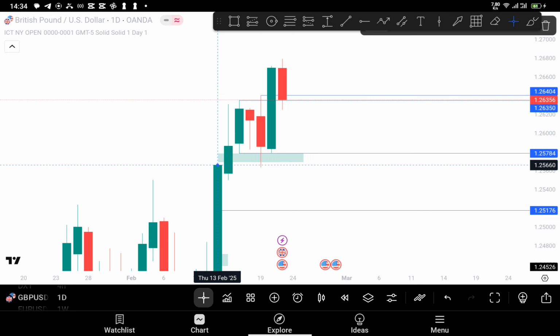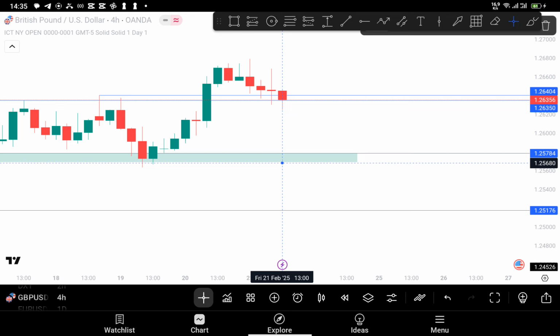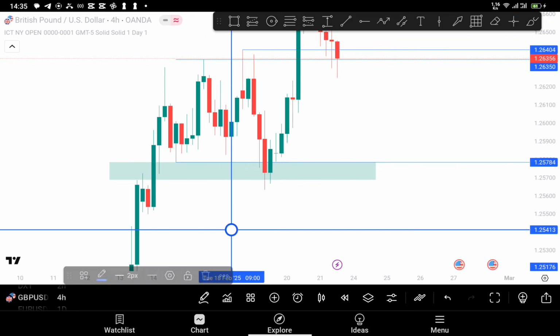So here, this is where we wanted to frame ourselves, to frame buy side, provided that we get buy program signals.